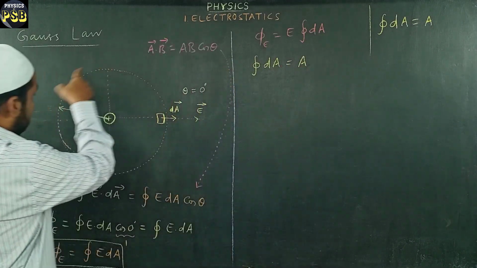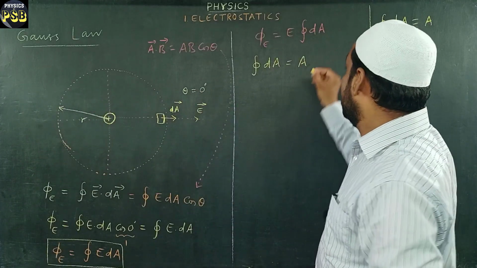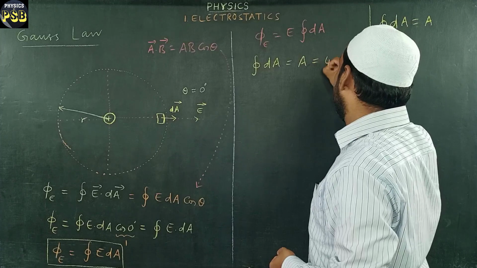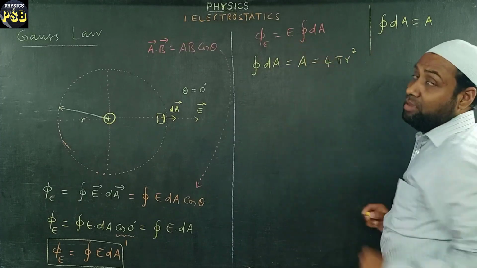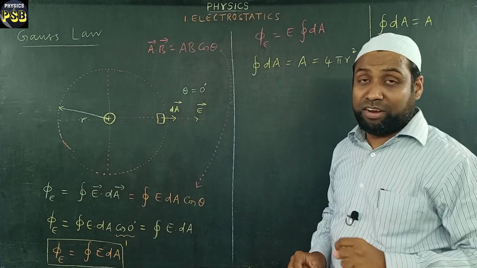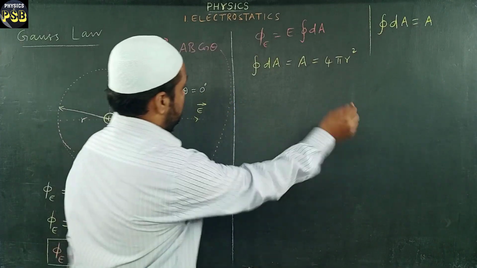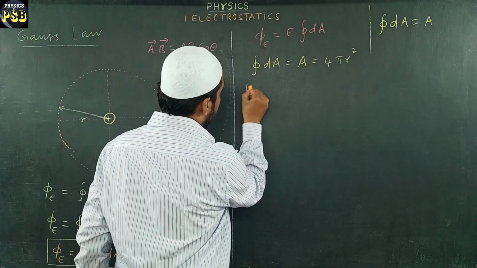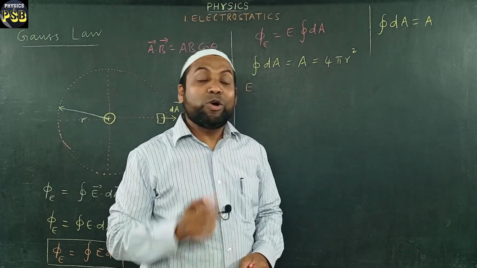Area of this sphere. We know the area of this sphere is nothing but 4 pi r squared, and here we have E. E stands for electric field. E is obtained from Coulomb's law.